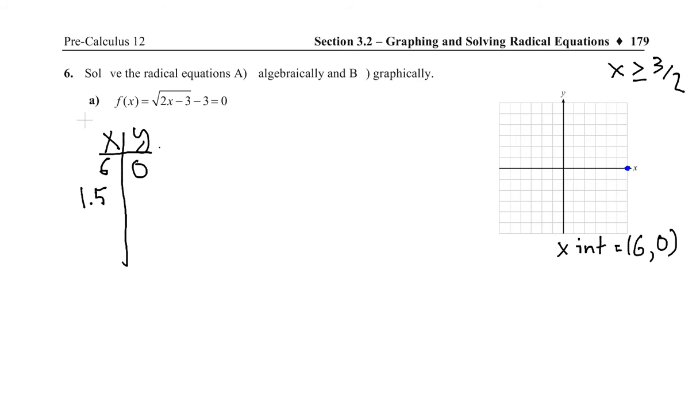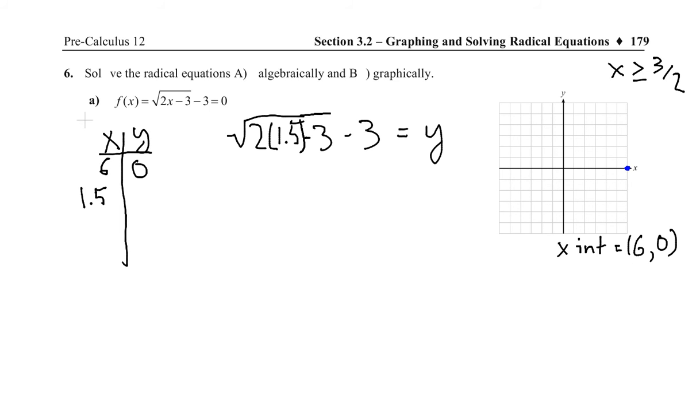If you want to find this, we look at the function, and wherever we see x, plug in 1.5. So if we were to write that out in the radical, you would have 2 times 1.5 minus 3, minus 3 is equal to our y value.